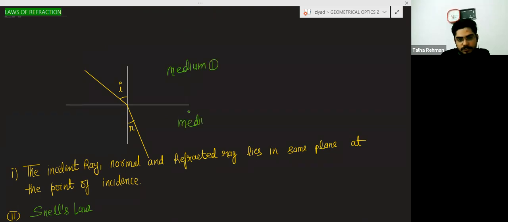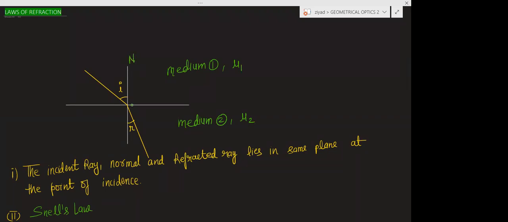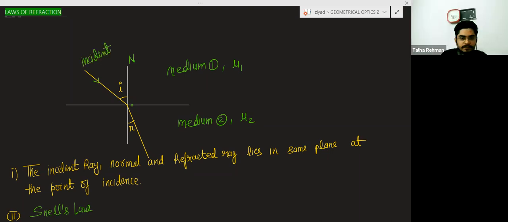Suppose medium 1 has the refractive index mu1 and medium 2 has the refractive index mu2, and light is traveling from medium 1 to medium 2. So this is the normal, and the angle made by the incident ray, this is the incident ray, and this is the refracted ray.